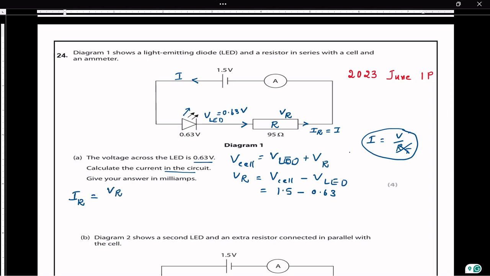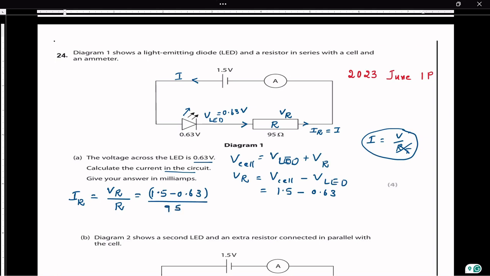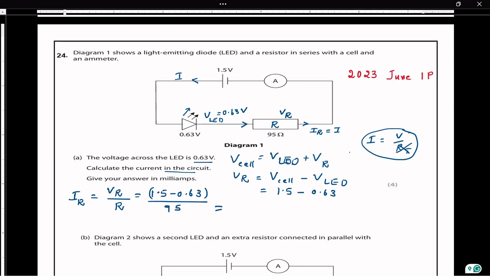So let me use that equation to find the current through the resistor. It is voltage of the resistor over its resistance value. And voltage of the resistor we are getting as 1.5 minus 0.63 over the resistance value, which is 95 ohms. Now this number on calculation is coming as 0.00915 amperes.